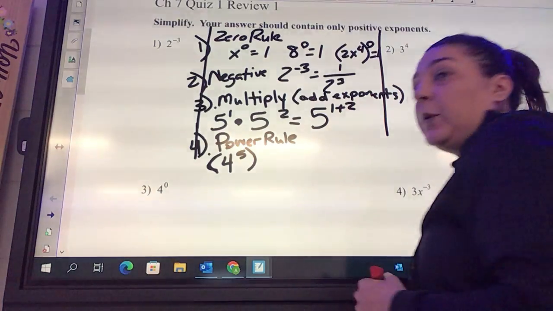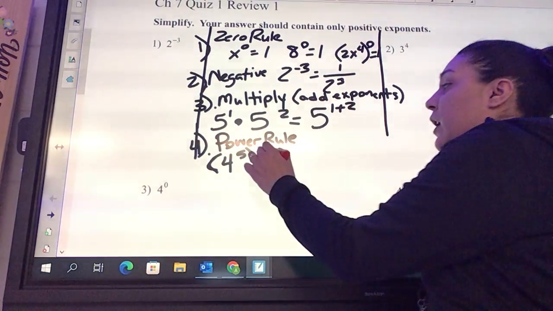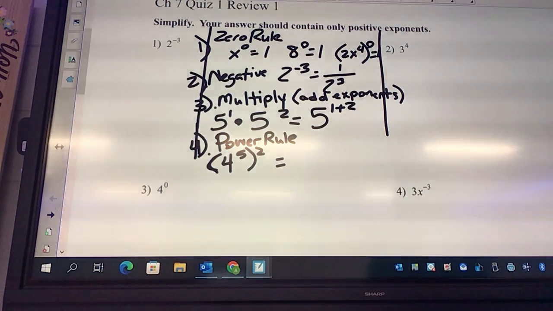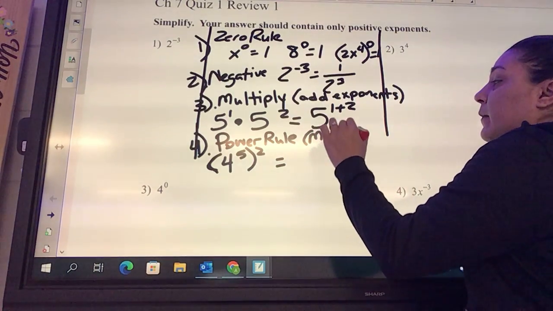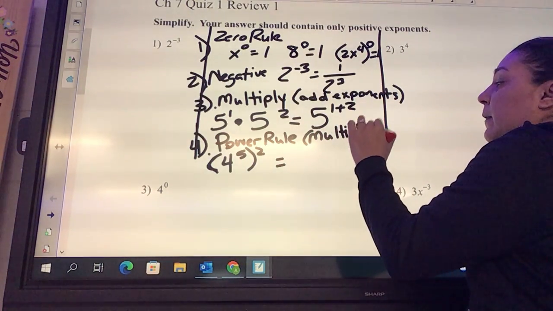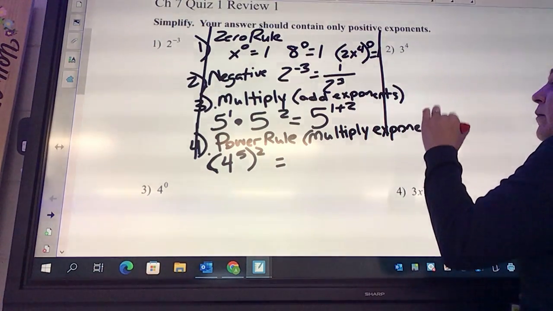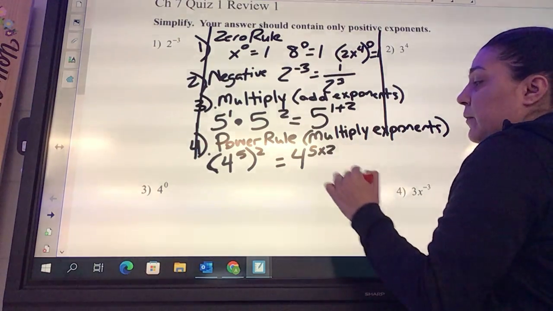Okay, power rule has parentheses. That's the key. Okay, multiplication rule has the dot, power rule has parentheses, and we can say to the 2. What do you do with the exponents? You multiply them. Okay, so we multiply the exponents. Okay, so it'd be 5 times 2.